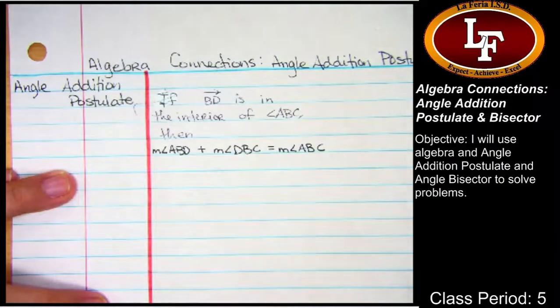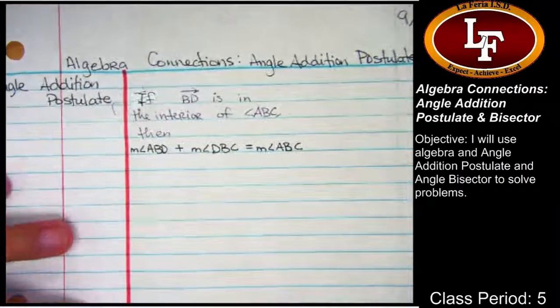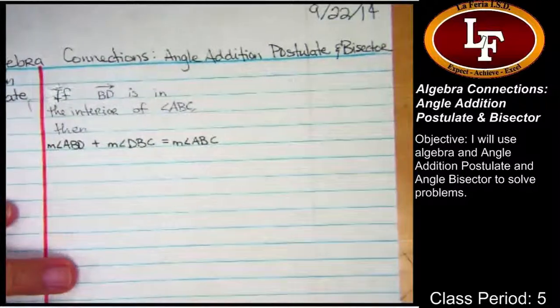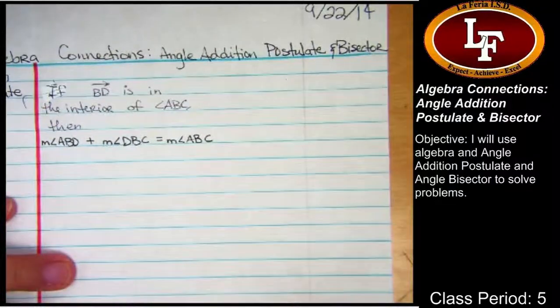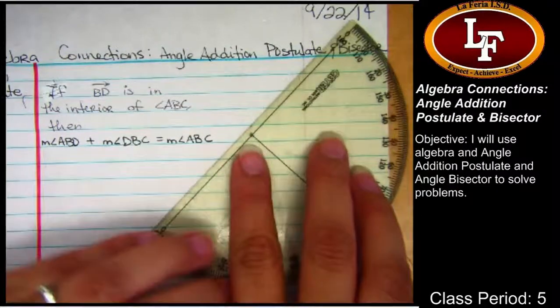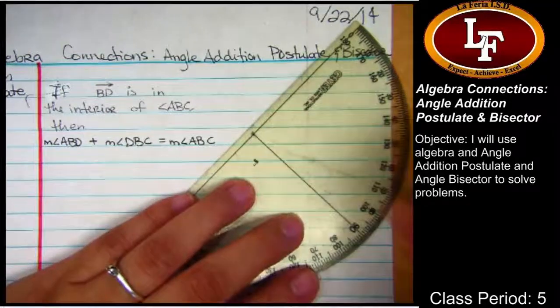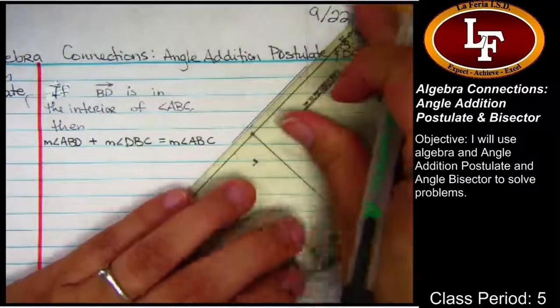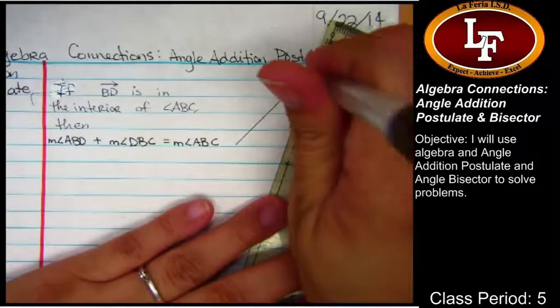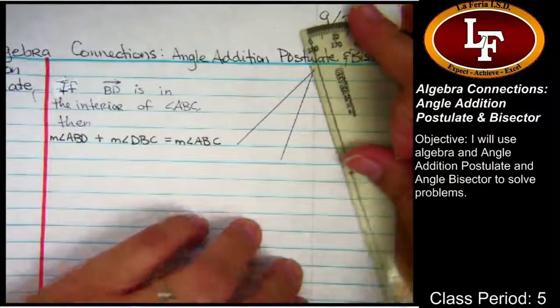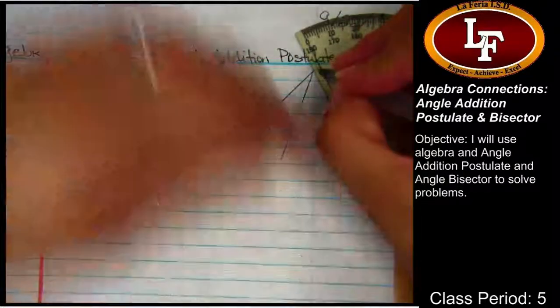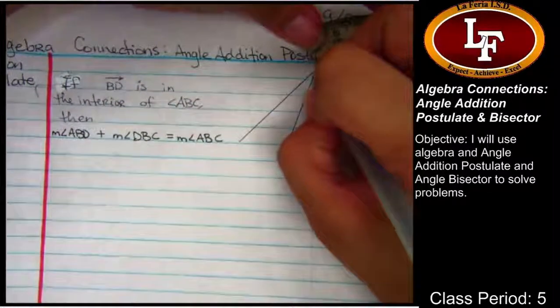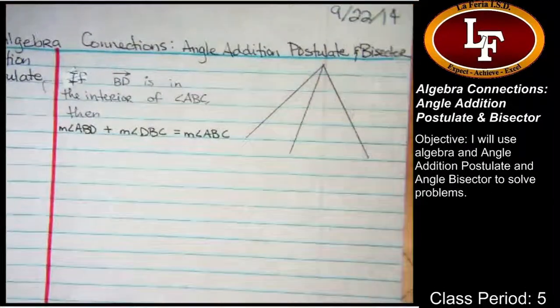I understand there's a lot of letters there. I'm going to scoot it over to the right a little bit, and I'm going to draw the picture here to the side, and you will see as soon as that picture comes up, it will make sense. I promise. So I'm going to use my protractor just to make sure my lines are nice and straight for you guys. Here's our angles.